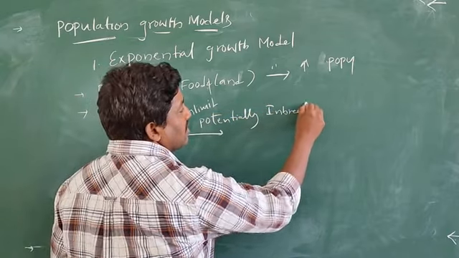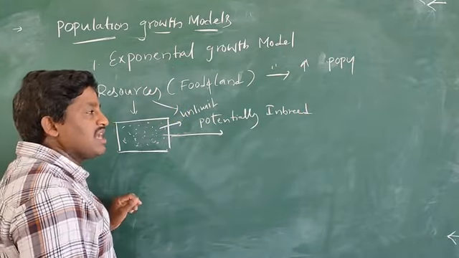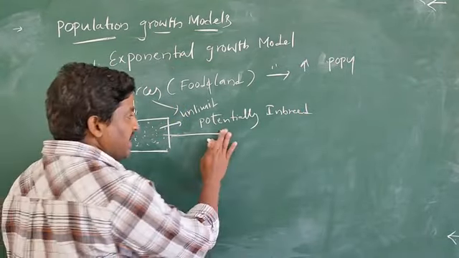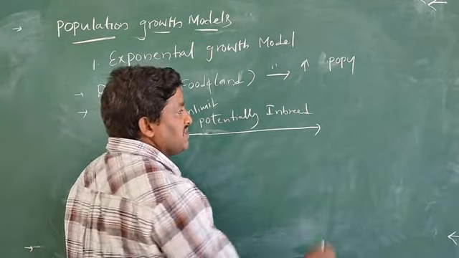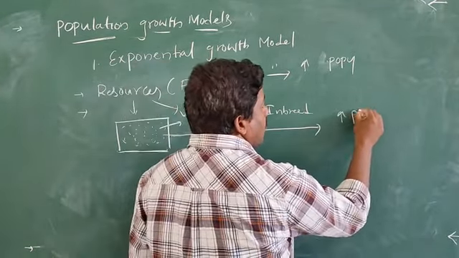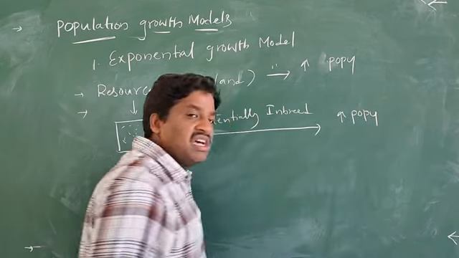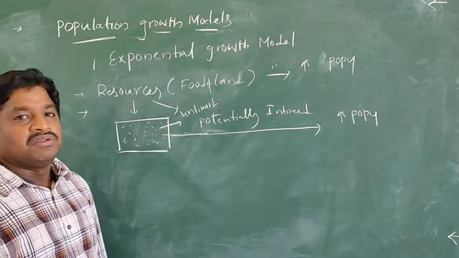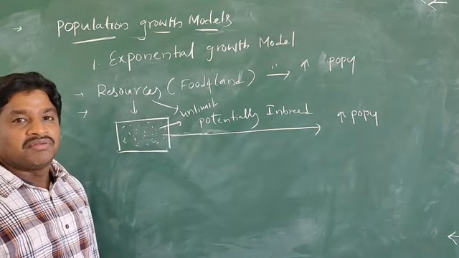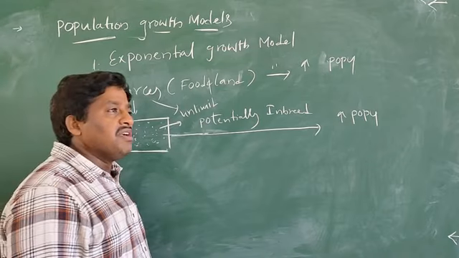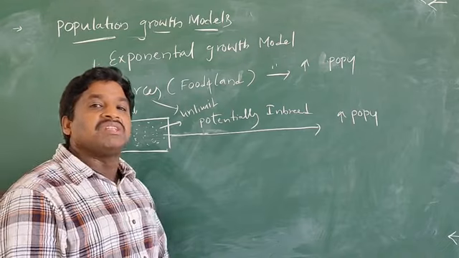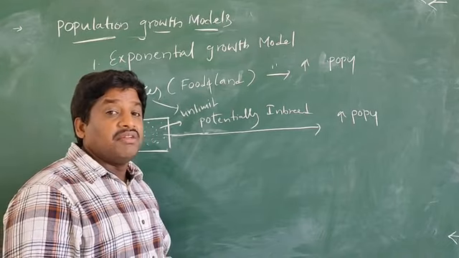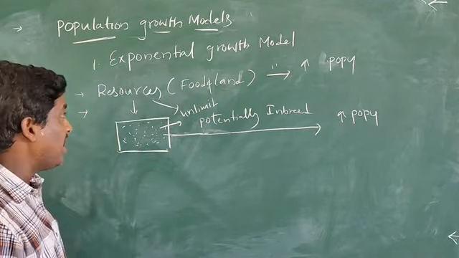Those organisms are potentially inbreeding. They are automatically, what will happen? It is increasing the population, as in the theory of Darwin. The theory of Darwin means it is by natural selection.